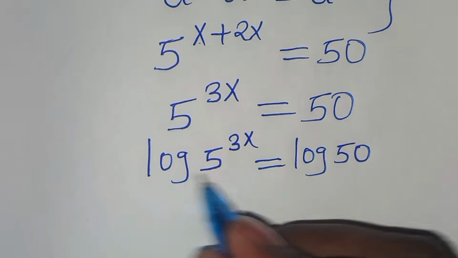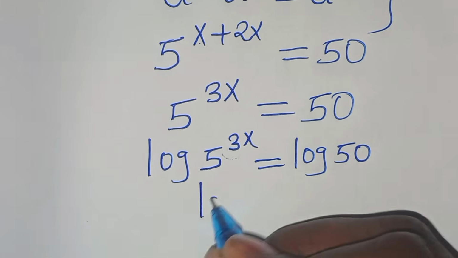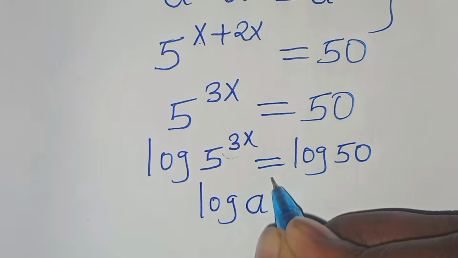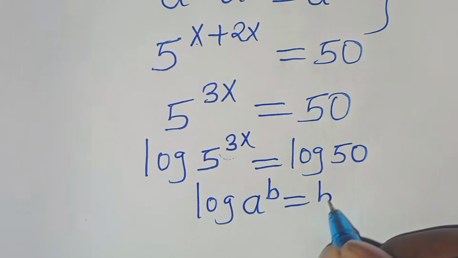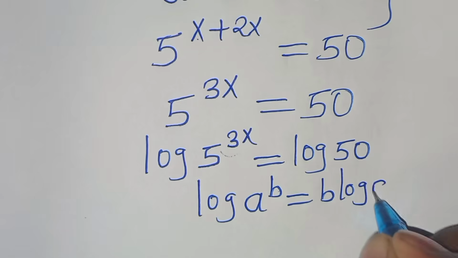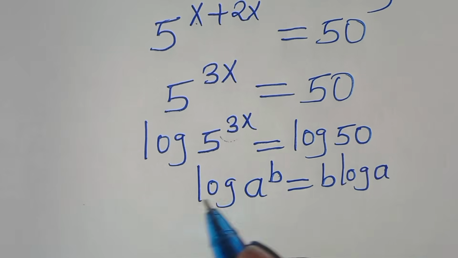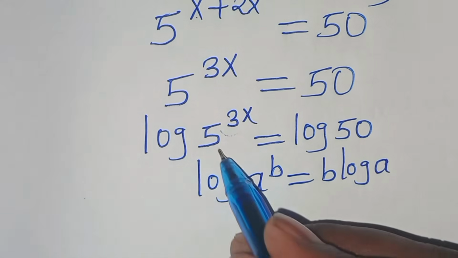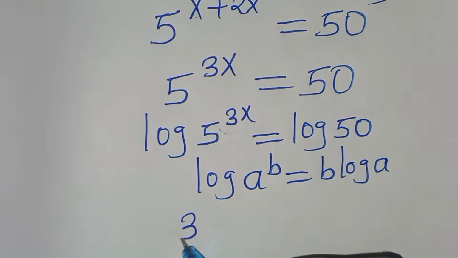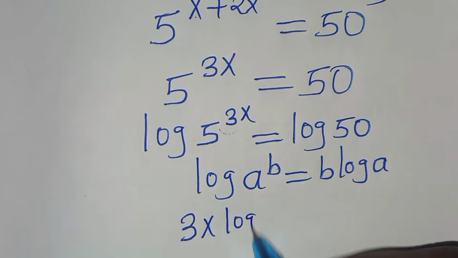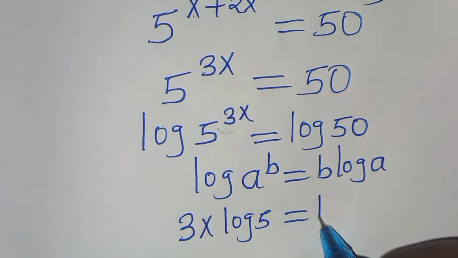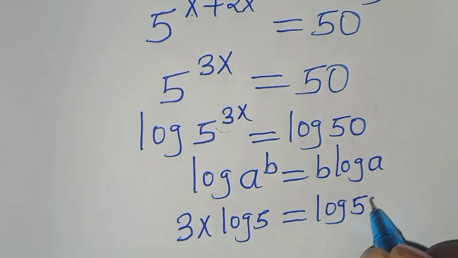Now, log 5 to the power of 3x. This is in the form of log a to the power of b, which can be expressed as b log a. Applying this power log property, then log 5 to the power of 3x becomes 3x log 5. This is equal to log 50.